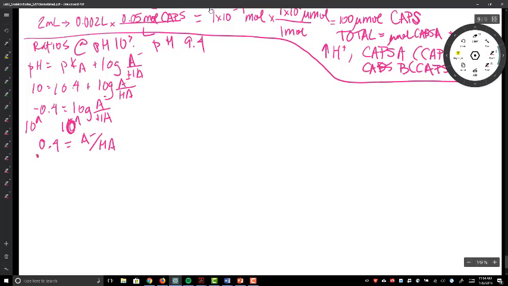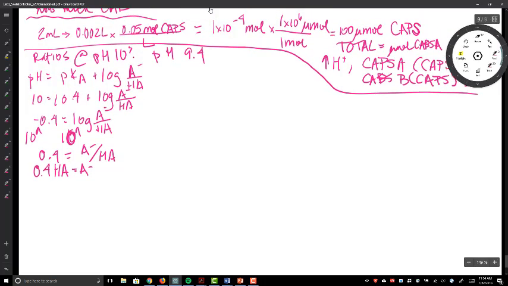So then 0.4 HA is equal to A minus. Now that we have this ratio, we can substitute that into the equation for the total CAPS to figure out how much of our CAPS at pH 10 is acidic, and how much is basic.